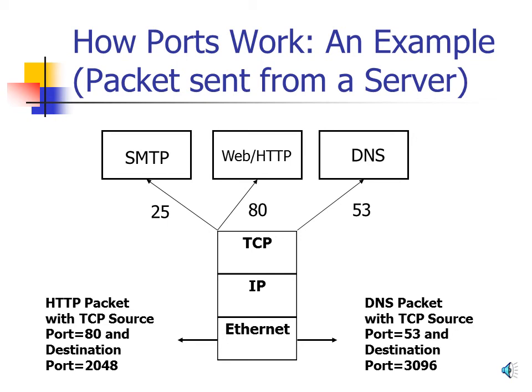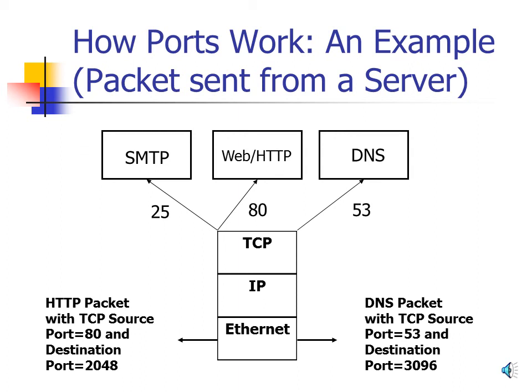In the TCP packet header, the destination port was set to 80 for the web server, and the source port was the one assigned to the browser by the client when the browser initialized, port 2048. So as the packet is received, the destination port is the web service port address, 80, and the source port is the port of the application, the browser, 2048.